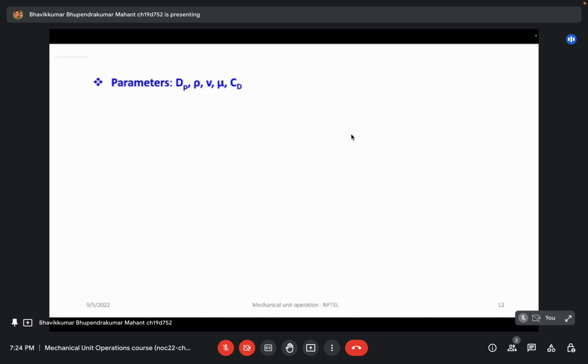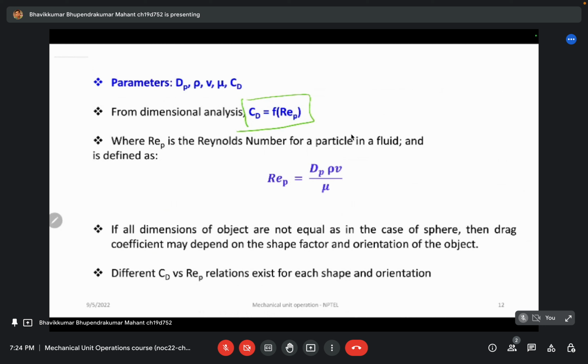Now for the calculation we consider some parameters. Parameters are dp, particle diameter, rho, density of the fluid, v, velocity of the fluid, mu, viscosity of the fluid, and CD is the drag coefficient. Now from dimensional analysis we can consider that the drag coefficient is a function of the Reynolds number of the particle, where Rep is the Reynolds number for a particle in a fluid.